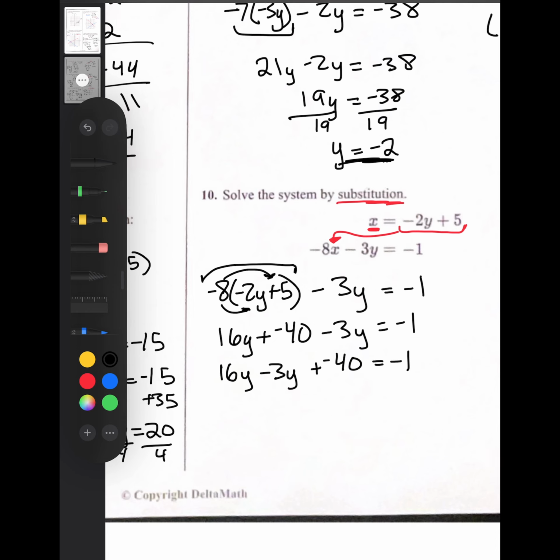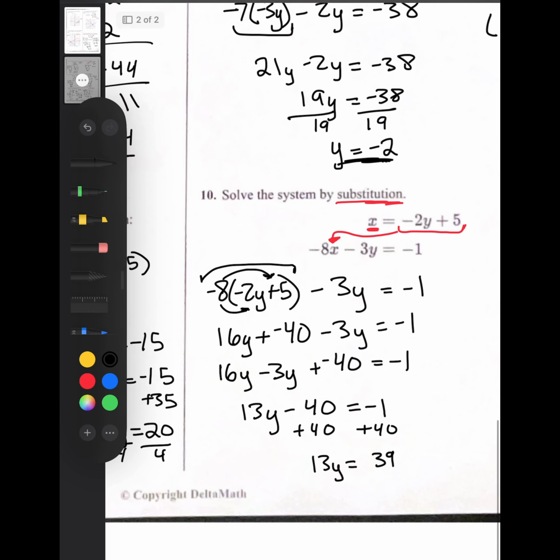You can just get automatically to this next step I'm going to write, the 13y minus 40 equals negative 1. And then we add our 40 to both sides. We get 13y on that side, and 39. Sorry. There we go. And then you divide by 13, which gives y equals 3.